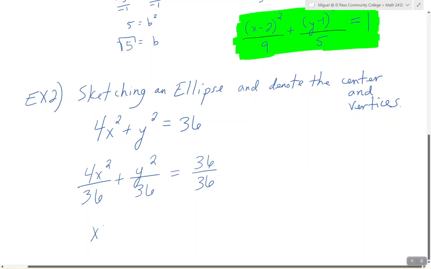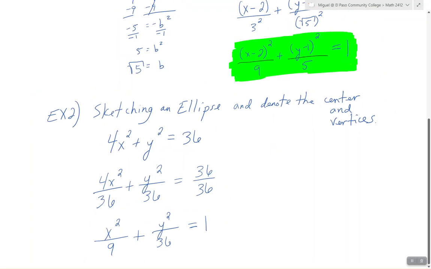This would be x squared over 9 plus y squared over 36 stays the same, equals 1. Now that it's in standard form, we should be able to extract all these different things that we just learned about, right? What is A, what is B, what is C, what is H, what is K, all that stuff.